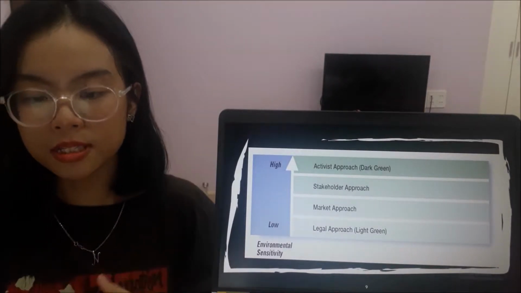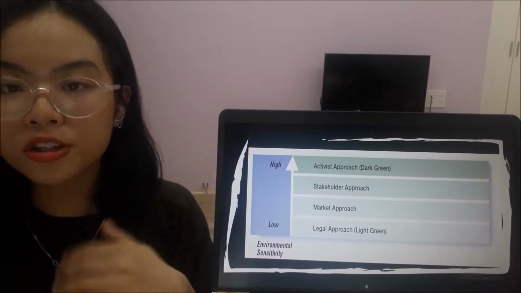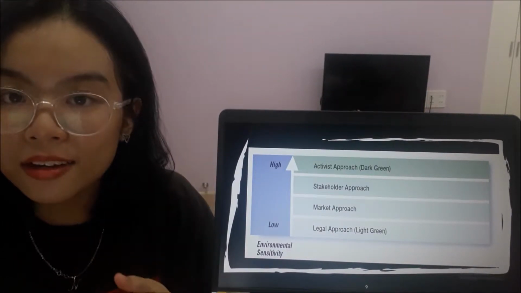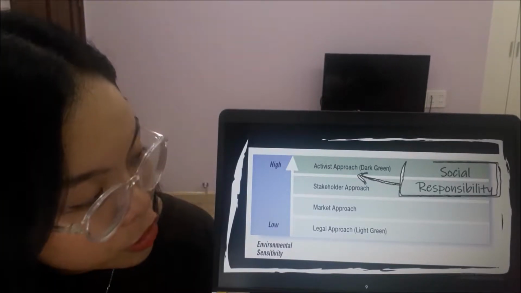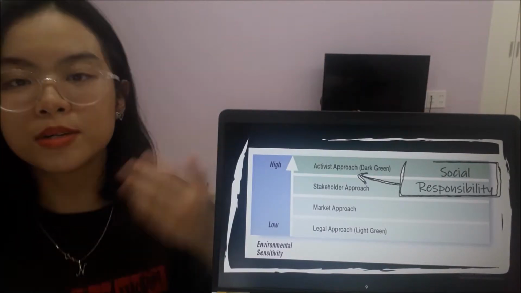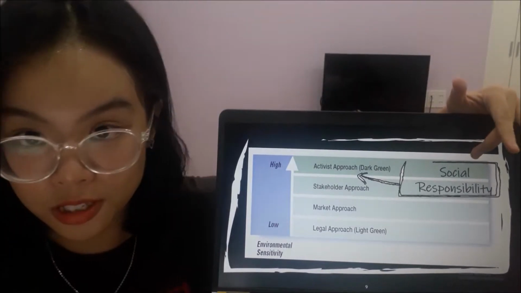Finally, when a business pursues the activist or dark green approach, it looks for ways to protect the earth, nature, and environment. This approach reflects the highest degree of environmental sensitivity and illustrates social responsibility.